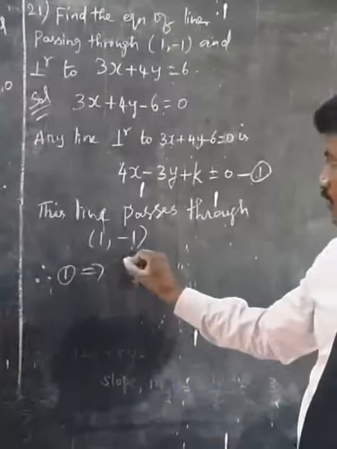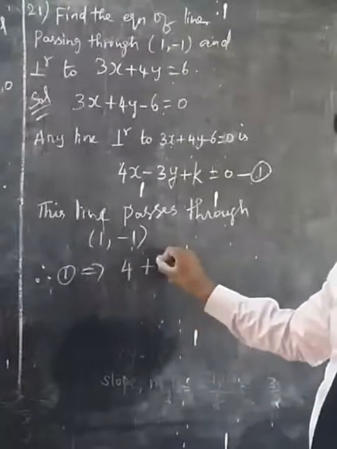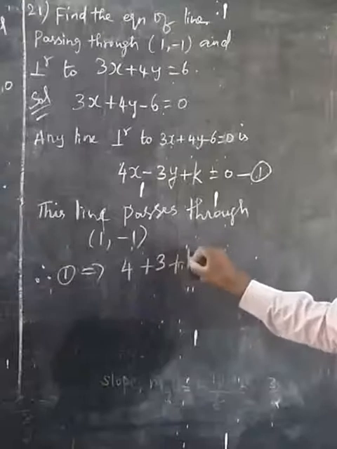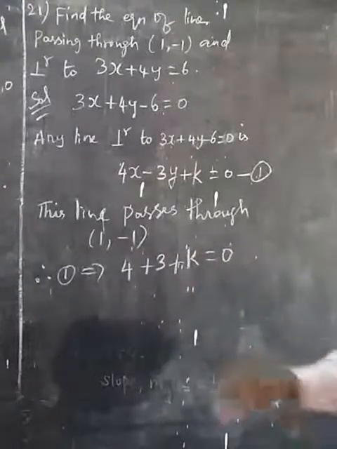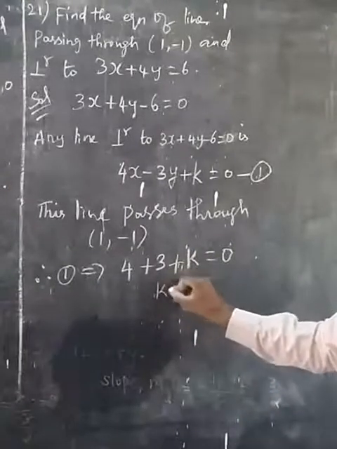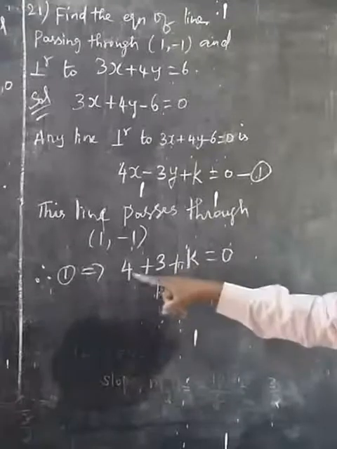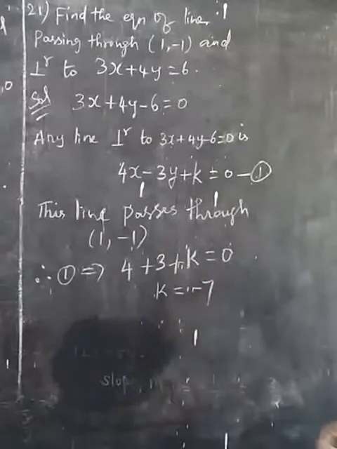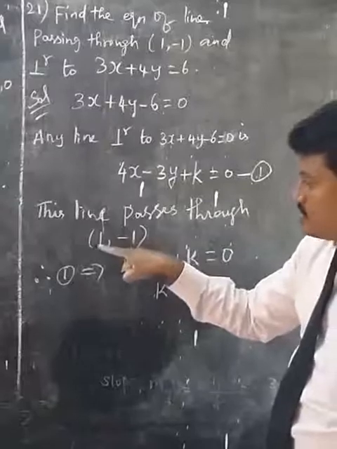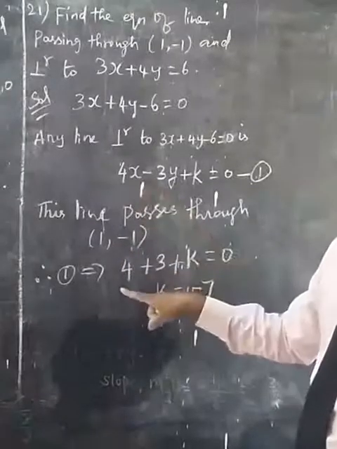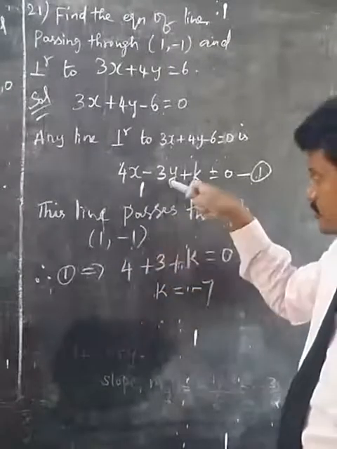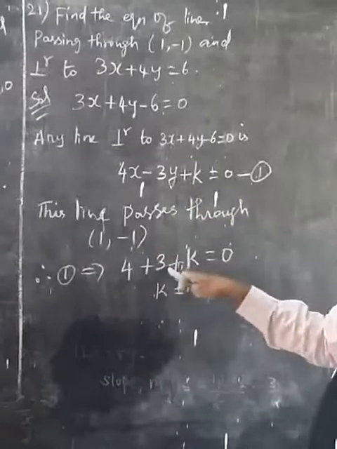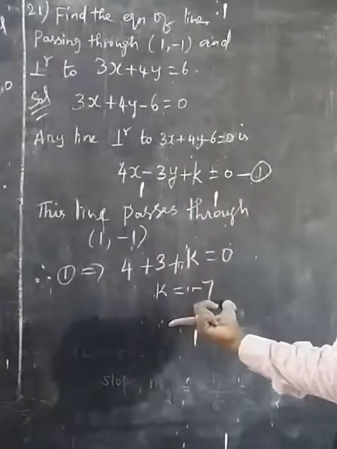What will happen? 4 + 3 + k = 0, or otherwise k = -7. 7 goes to the other side. In place of x I have substituted 1, so it becomes 4. In place of y I have substituted -1, so it becomes plus 3, plus k. So the k value is -7.